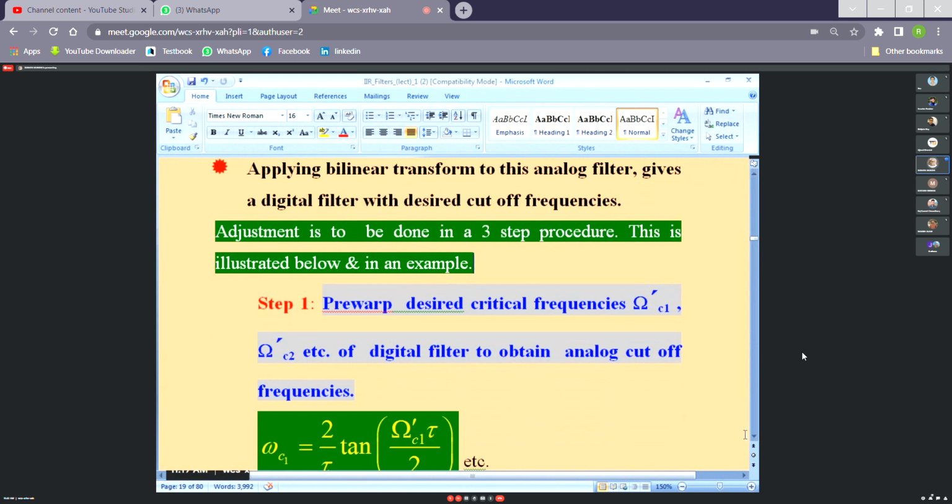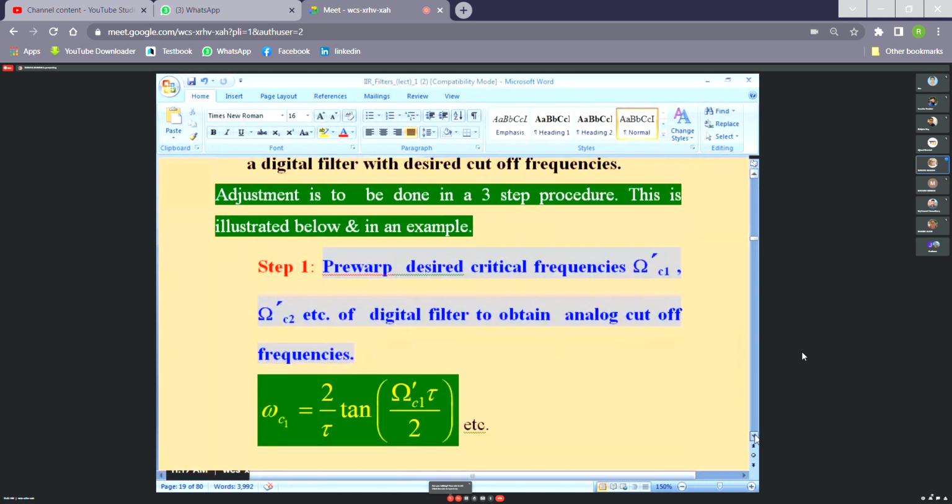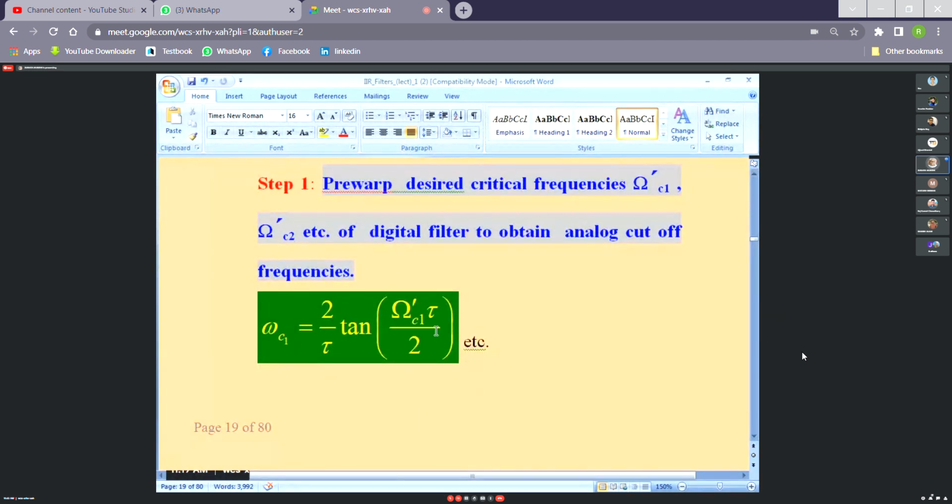So this is the pre-warping step. That is the first step that I have pointed out.